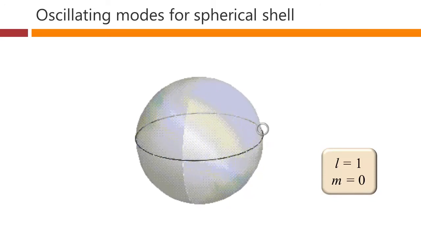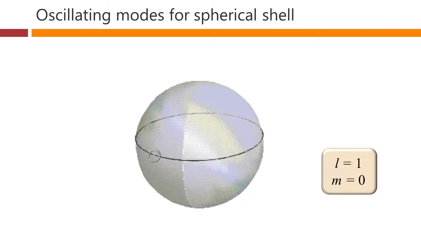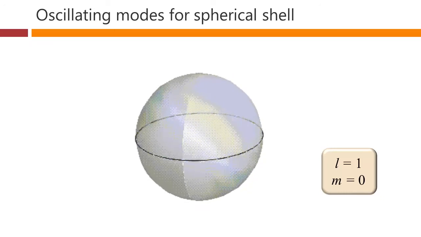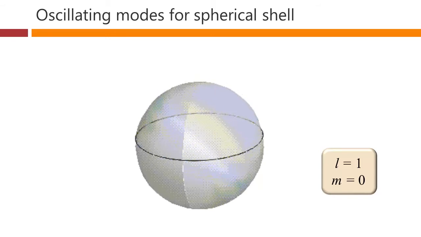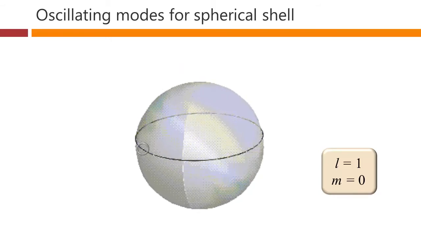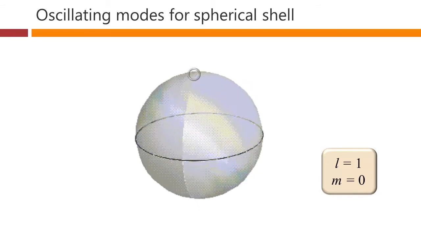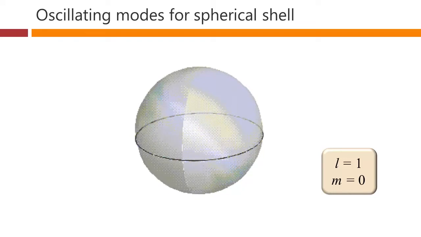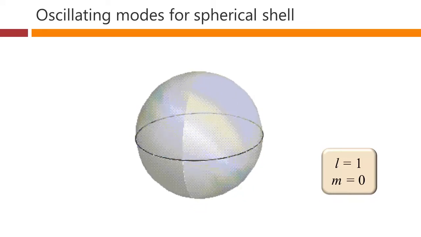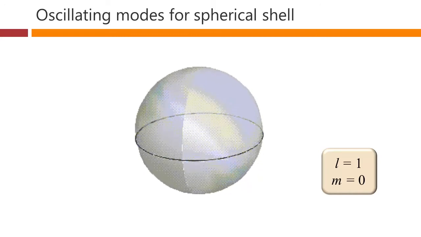That means that this is what we could call a node of the oscillation, and we can refer to this then as a nodal circle. So the spherical harmonic corresponding to this oscillation then is something that is actually 0 for all of these angles. Up here it's positive, and if we choose it positive at the top, it's negative down here. So it's the amplitude of this oscillation.